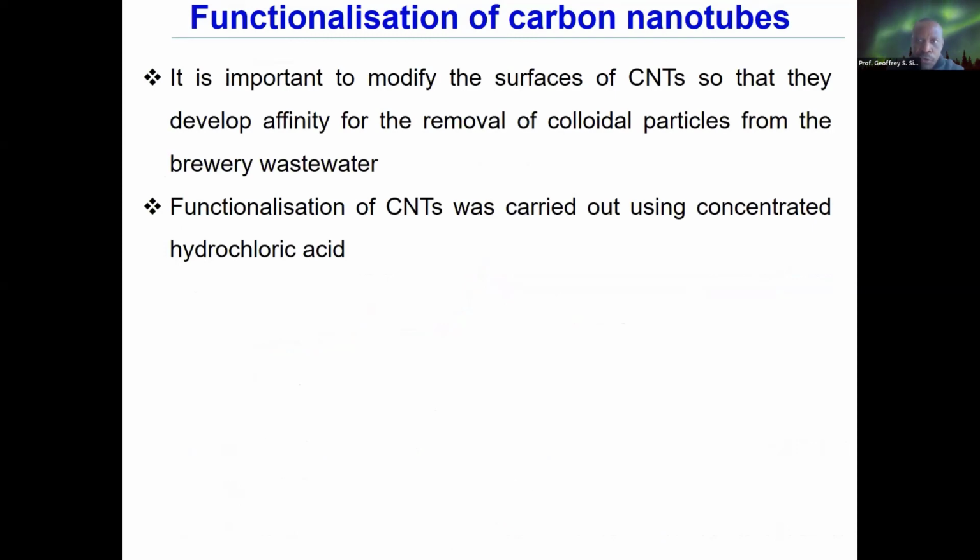But what we should also know is that when these carbon nanomaterials are produced, they don't have functional groups on them. So it's important that they are treated so that we embed some functional groups. Based on the fact that our brewery wastewater contained negatively charged materials, it was important that our carbon nanotubes were functionalized so that they become positively charged.